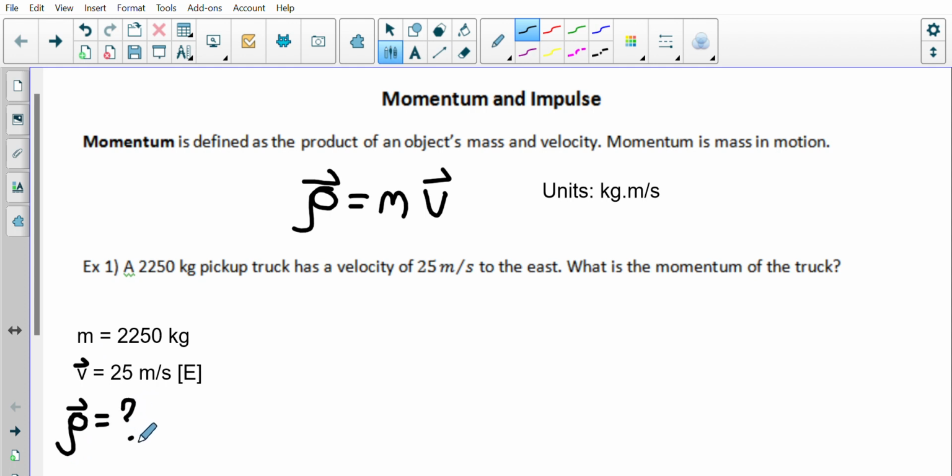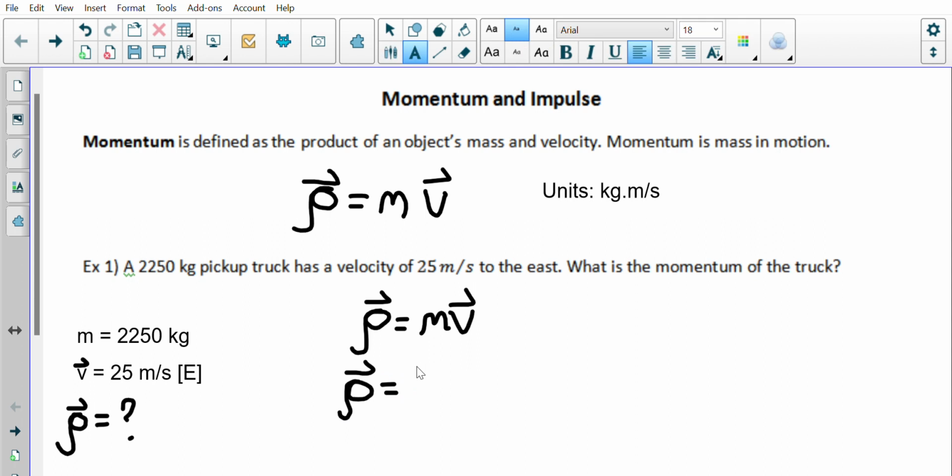So I'm just going to use my formula from above, where momentum is equal to mass times velocity. If I substitute my values in, our mass is 2,250 and our velocity is 25 meters per second east.